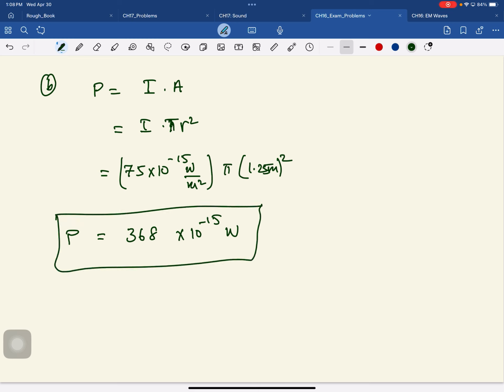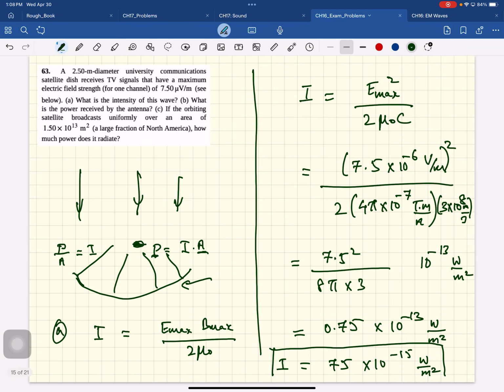Again, that's how much power is received by the antenna. And if the orbiting satellite broadcasts uniformly over this much area, a large fraction of North America, how much power does it radiate?